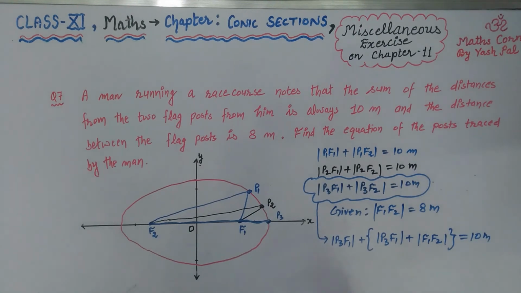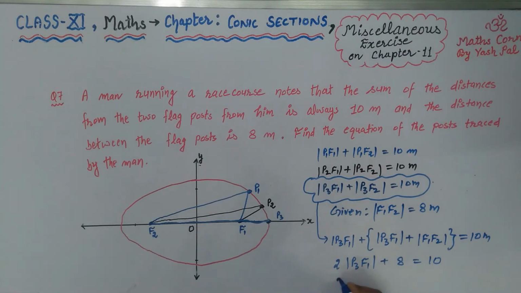So what is the meaning of this? 2 times the P3 to F1 distance plus the F1 to F2 distance, which is given as 8, is equal to 10.